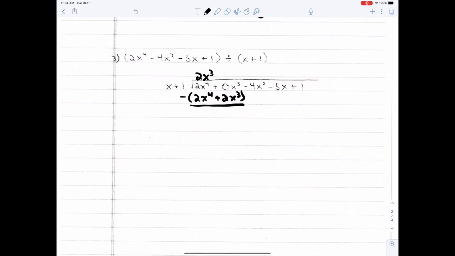Okay, the 2x to the fourth go away and we get negative 2x to the third, and then drop down the 4x squared. What times x now will give me the negative 2x cubed? That will be negative 2x squared.